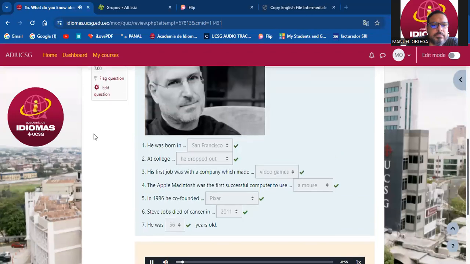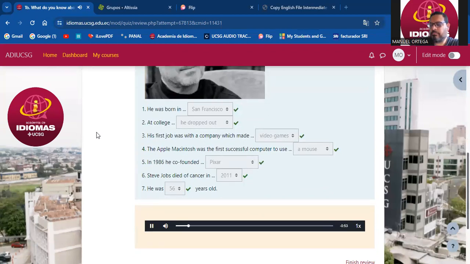5.28. 1. Steve Jobs was born in San Francisco in 1955. 2. He dropped out of Reed College in Oregon after just 6 months. 3. His first job was with Atari, the video game company. 4.